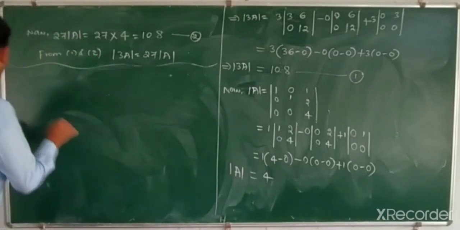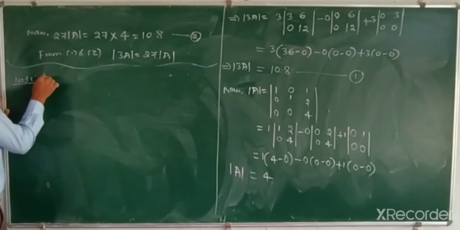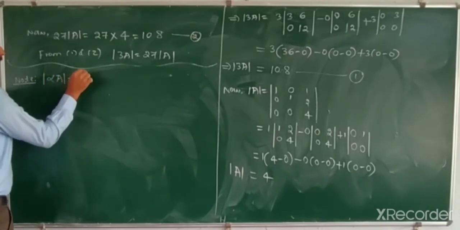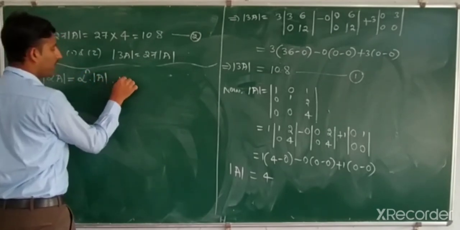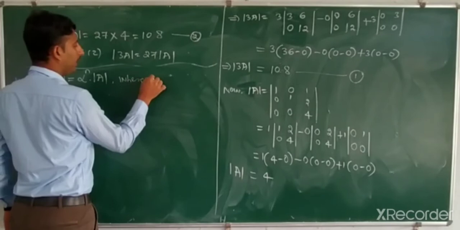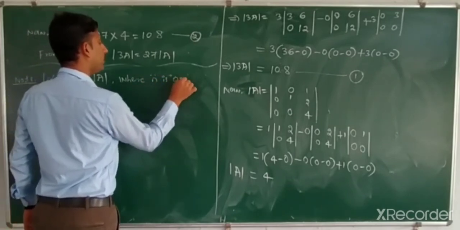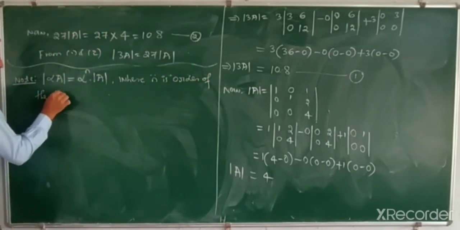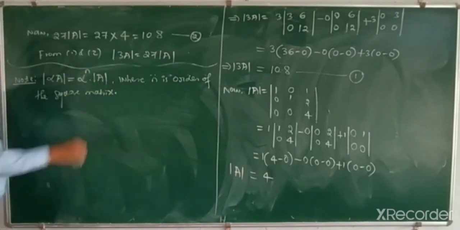Note: determinant of alpha A is equal to alpha to the power n into determinant of A, where n is the order of the square matrix.